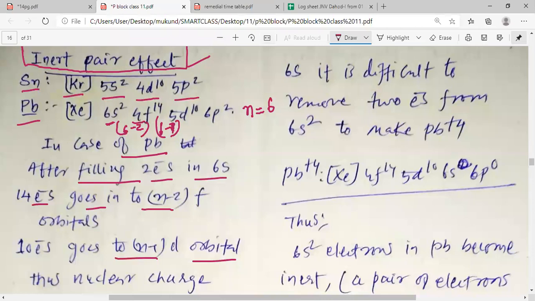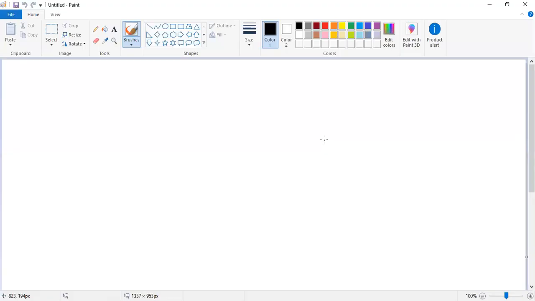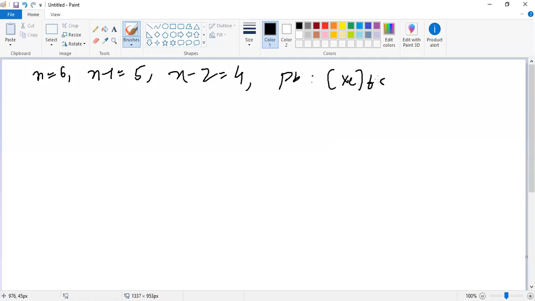Be quick to respond. You have n equal to 6, n minus 1 equal to 5, n minus 2 equal to 4. So the electronic configuration of lead is xenon 6s2, 4f14, 5d10, 6p2.